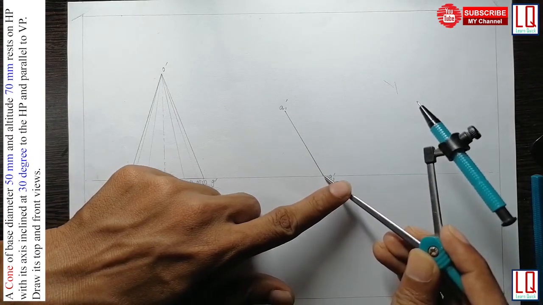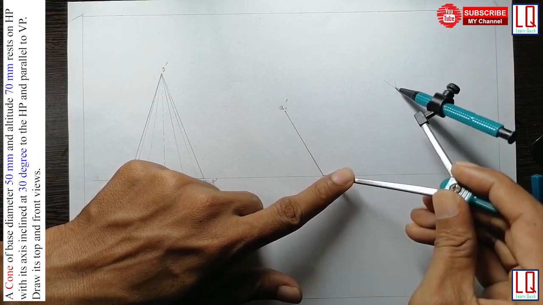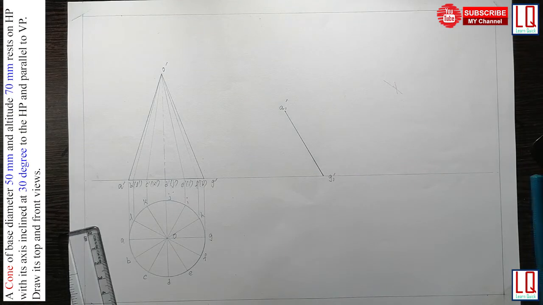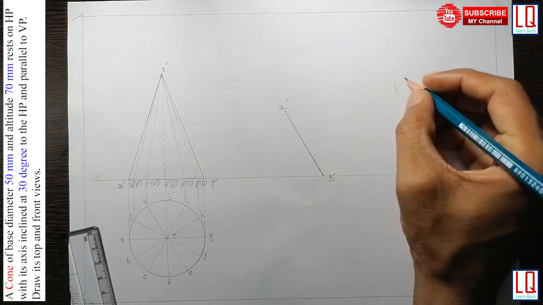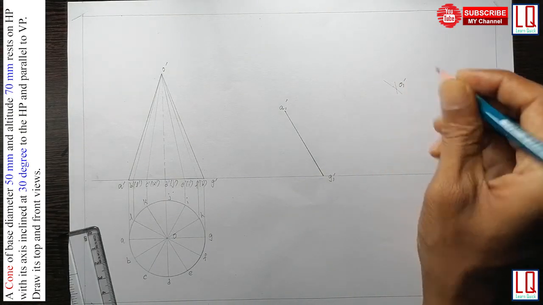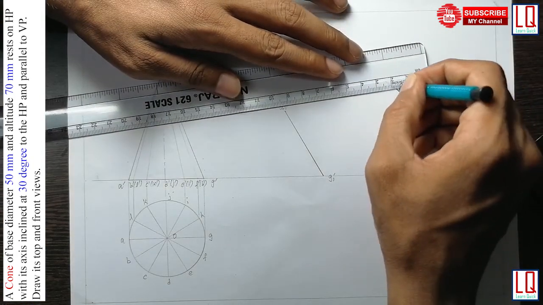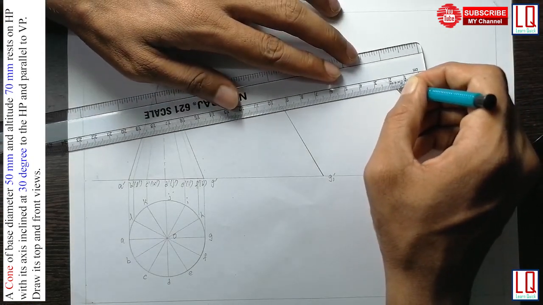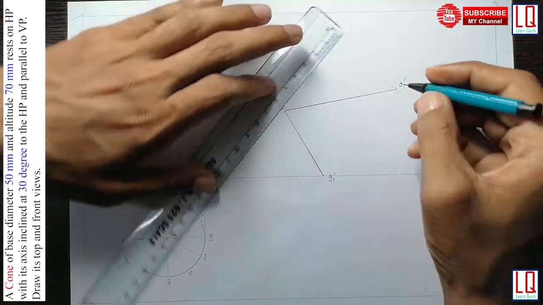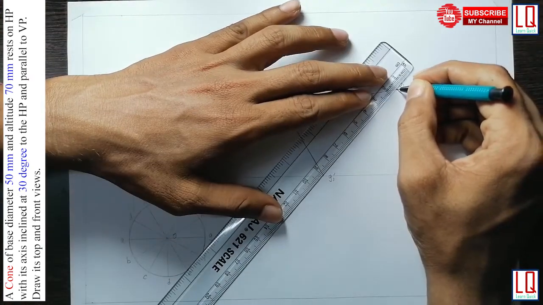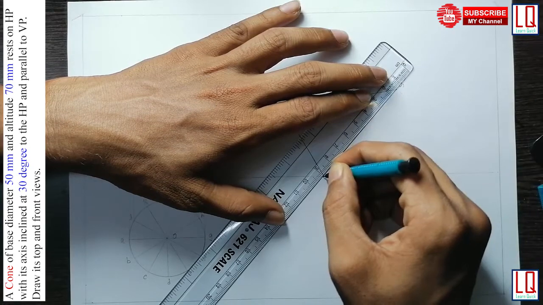The intersecting point gives you the apex of this cone. Mark this point as O1 dash. Now with the help of the HB pencil, join O1 dash A1 dash and O1 dash G1 dash.